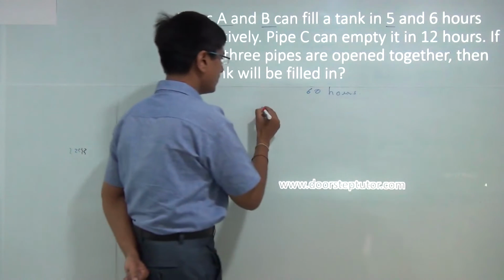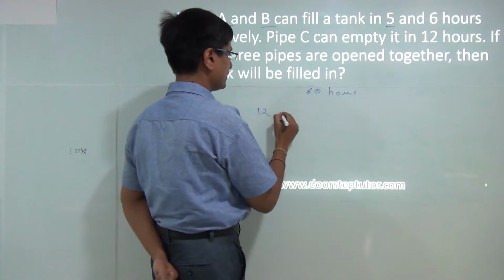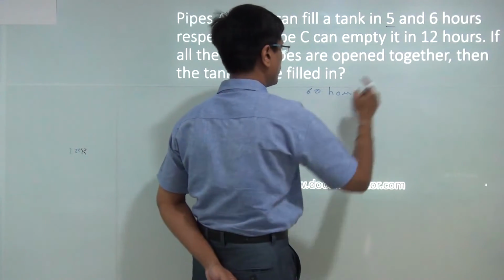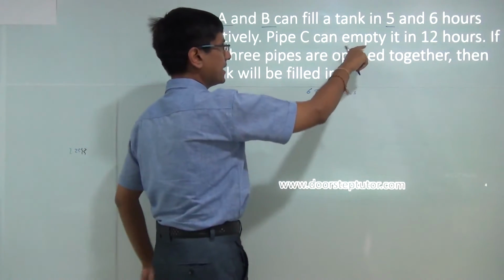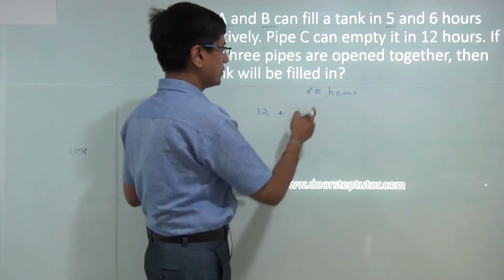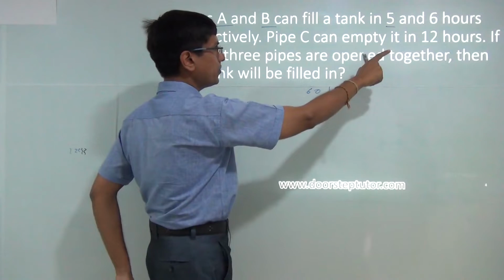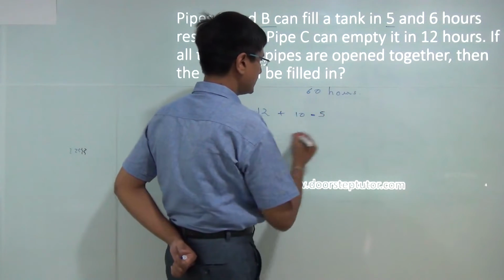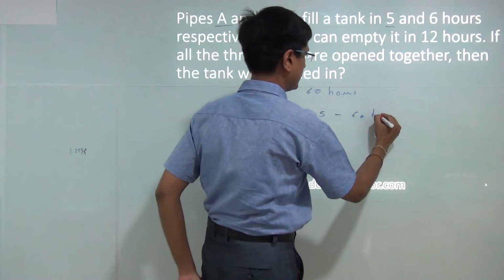The first pipe would fill 12 tanks. The second pipe would fill 10, and the third pipe is not filling, it's emptying, so we'll put a minus sign. In 60 hours, it will be able to empty 5 tanks.